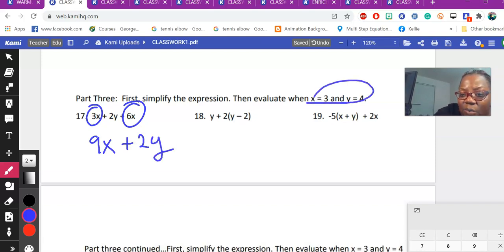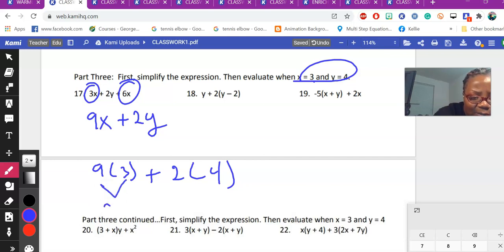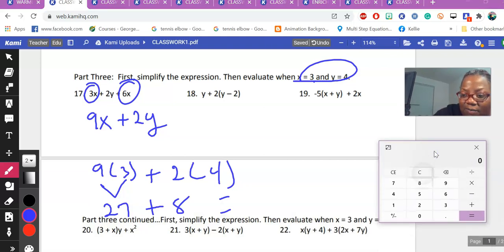And now it says we need to do this. X is 3 and y is 4. So this really looks like 9 times 3 plus 2 times 4. Order of operations, 9 times 3, 27, plus 2 times 4, 8. 27 plus 8, 35.